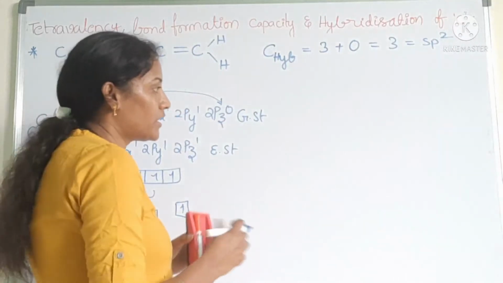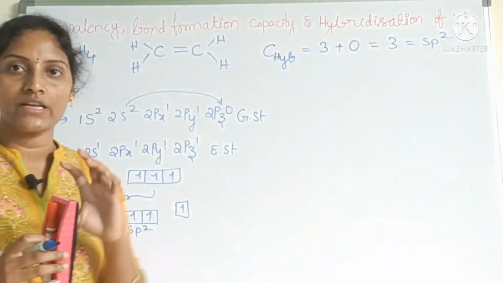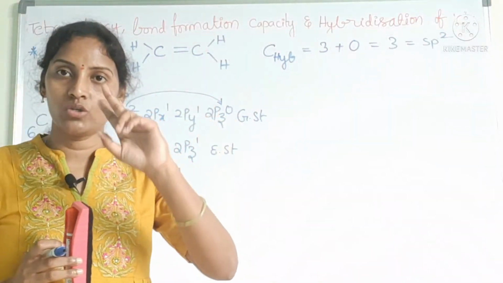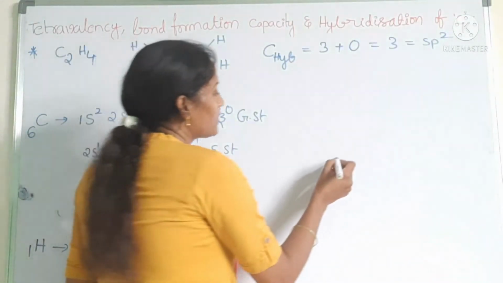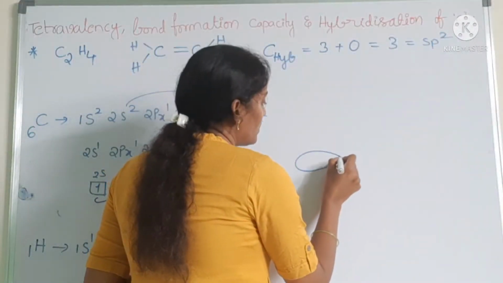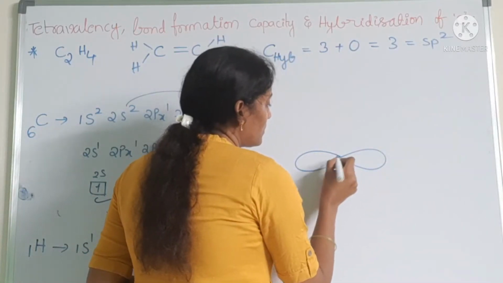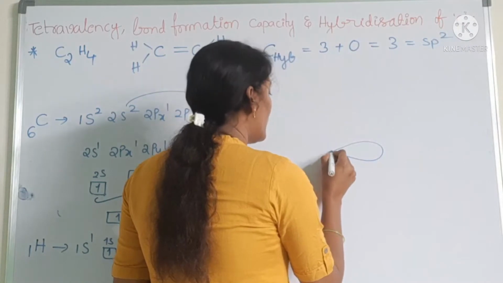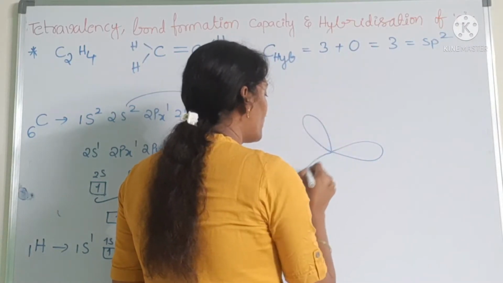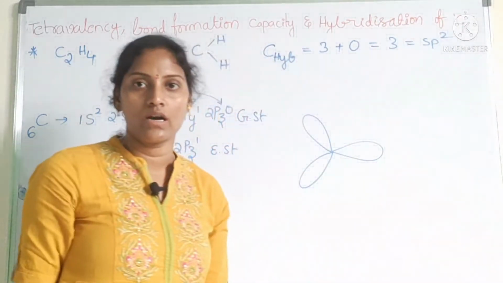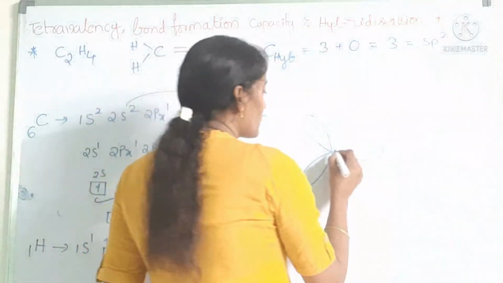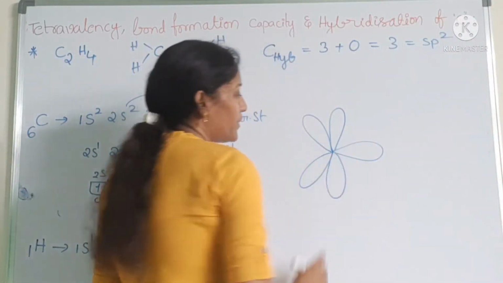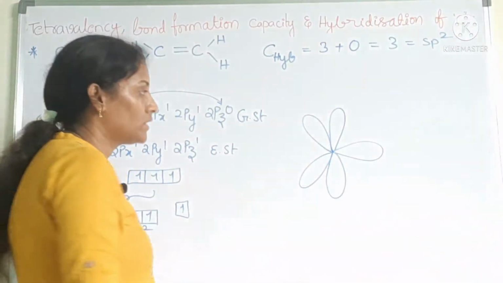Then coming to here, how these hybridized orbitals are going to be involved in a double bond and two single covalent bonds. See, these are the hybridized orbitals from one carbon atom. This is the unhybridized orbital from this carbon atom.